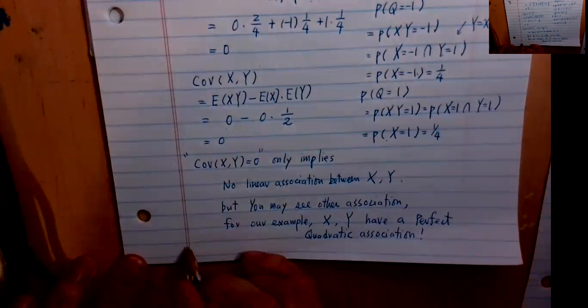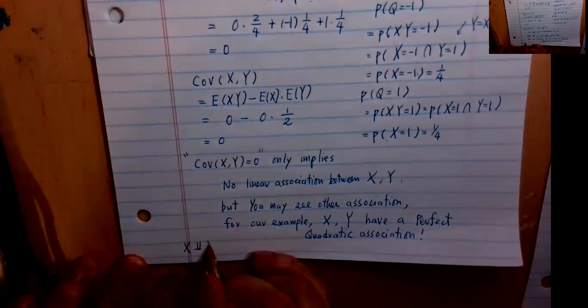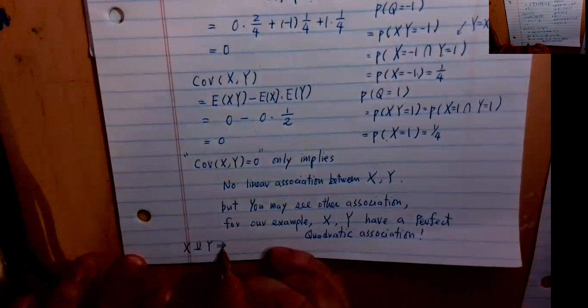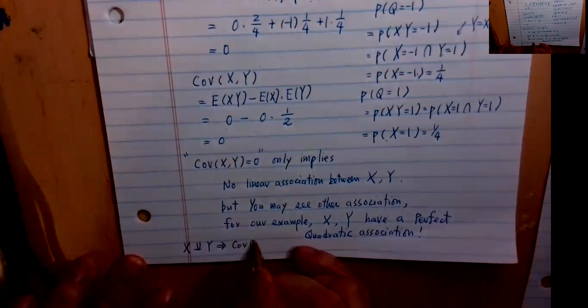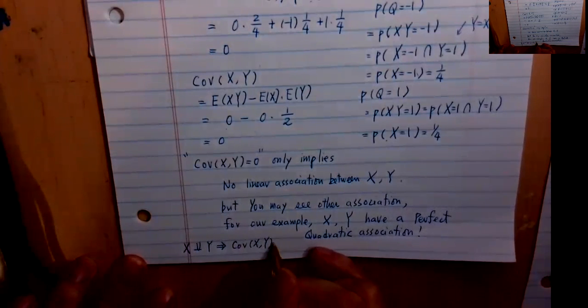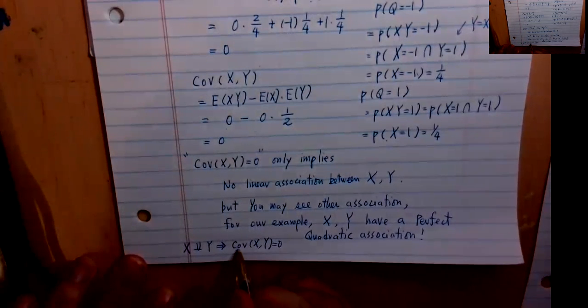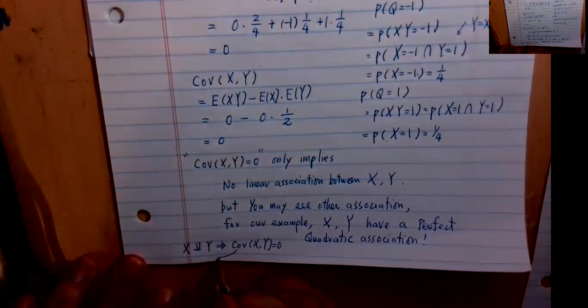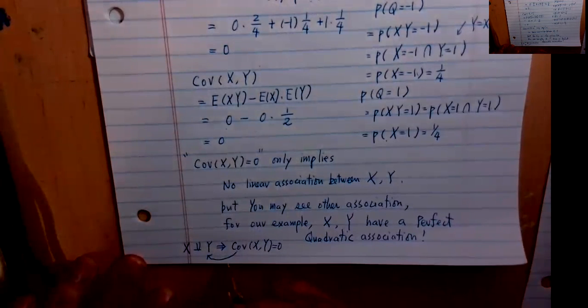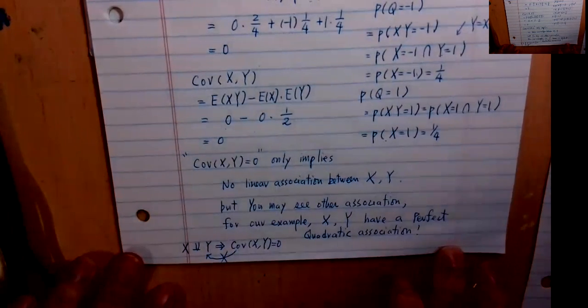So if x and y are independent, that implies covariance of x, y must be equal to 0. But covariance of x and y equal to 0 doesn't imply x and y are independent. Is that clear? This is a very important concept.